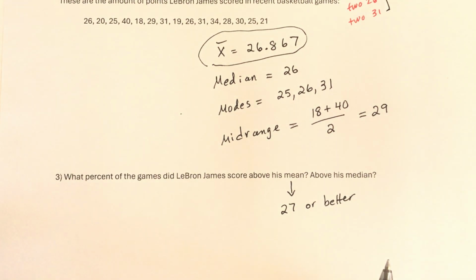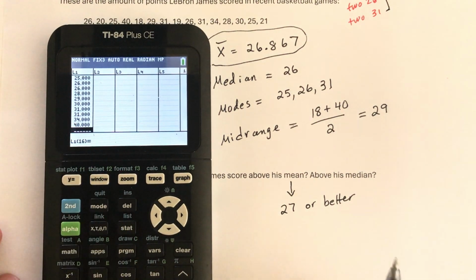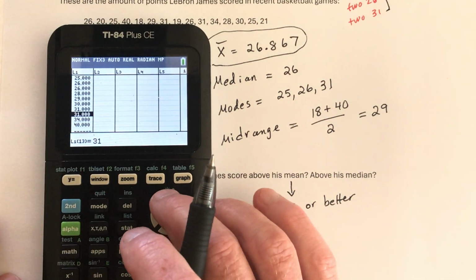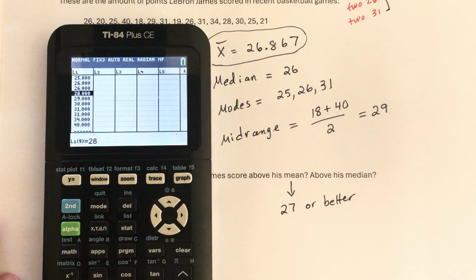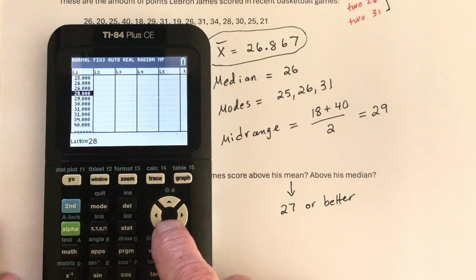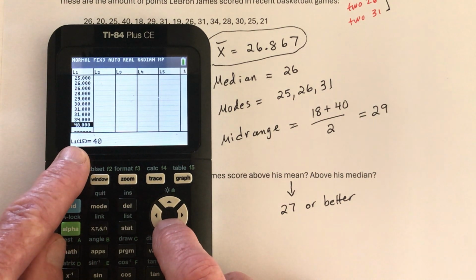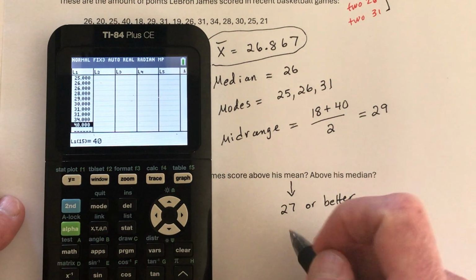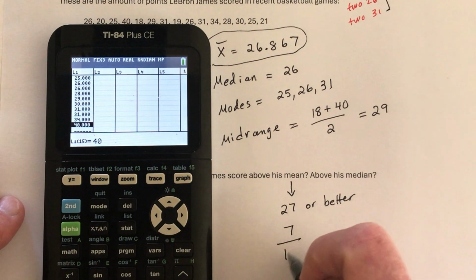So how many were 27 or better? Which is also a reason having it in order is good. So 27 or better. So that would be this one, 28. So that's 1, 2, 3, 4, 5, 6, 7. And this says that there's 15 games total. So 7 divided by 15.